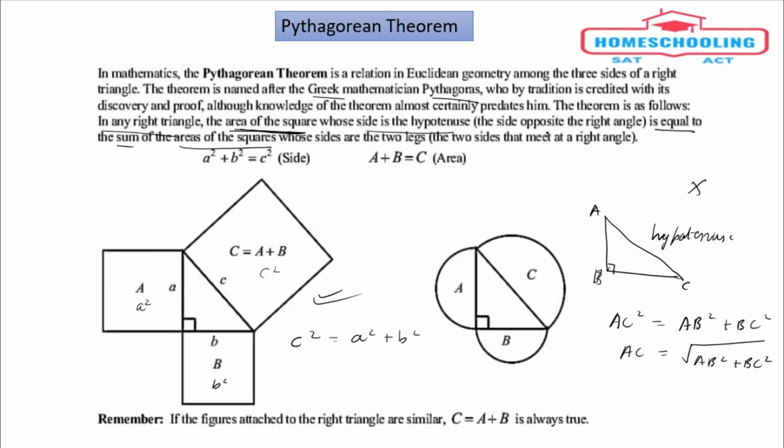I'm from India. There was a mathematician named Bodhyana, I think somewhere around 800 BC. He wrote a text named Sulb Sutras. So you can find this theorem there also.